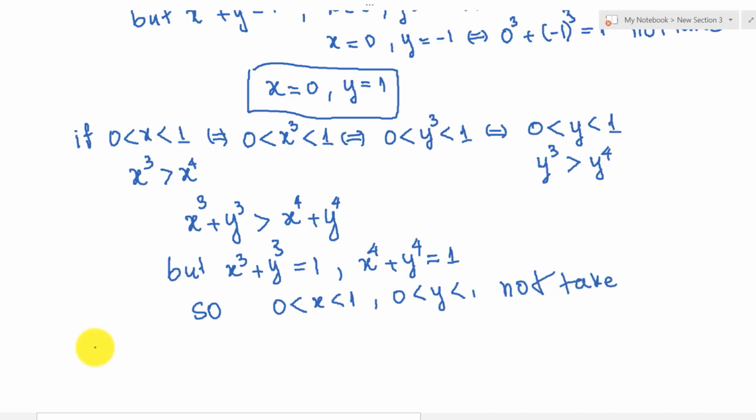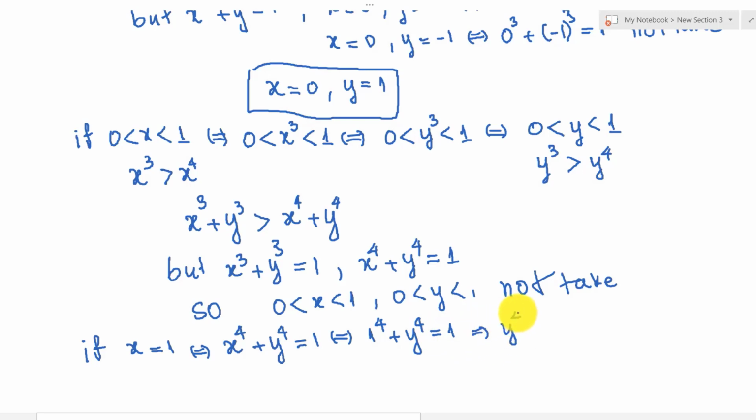Okay, in the end, if x equals 1, so we get x^4 + y^4 is equal to 1. We get 1^4 + y^4 is equal to 1, and we get y^4 is equal to 0. So we get y is equal to 0.